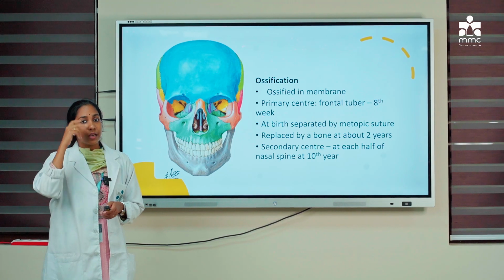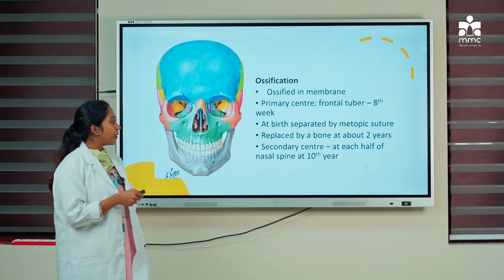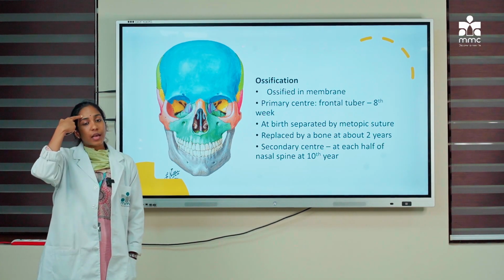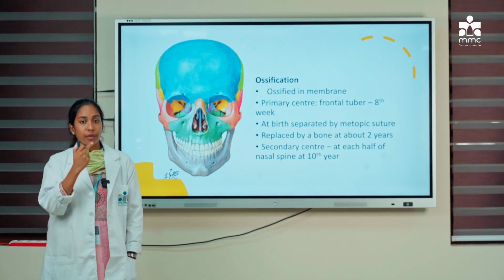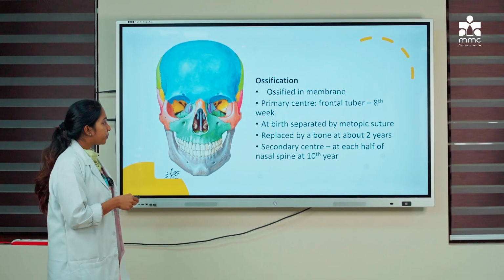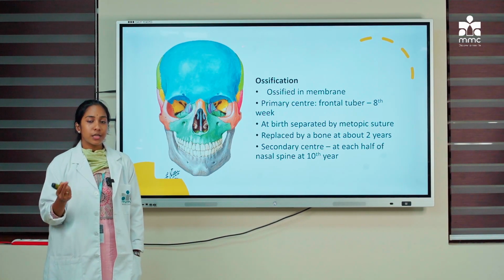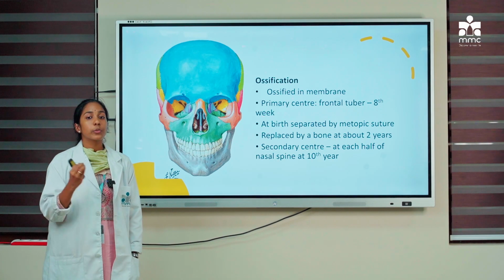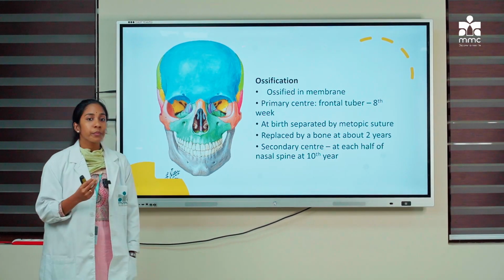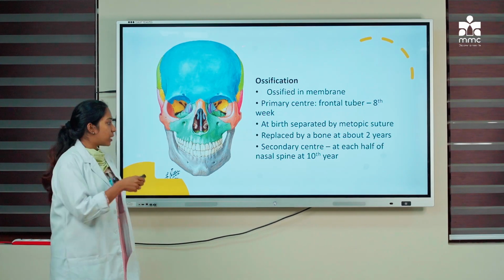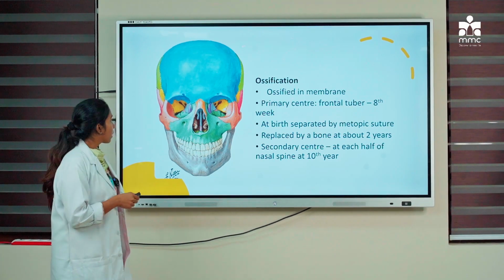On both sides it starts ossifying by the 8th week of intrauterine life, and at birth, as we already said, the two parts or the two bones are separated by a metopic suture, and it is replaced by bone by 2 years, but only in a few individuals, around 3 to 8%, the metopic suture persists throughout life. And the secondary center of ossification is present at the nasal spine by 10 years.